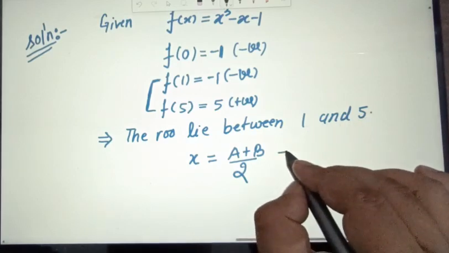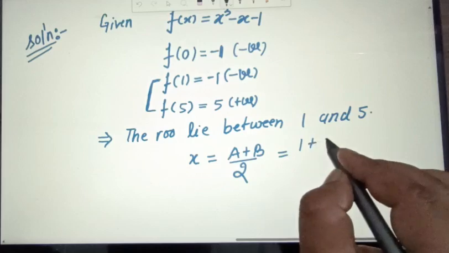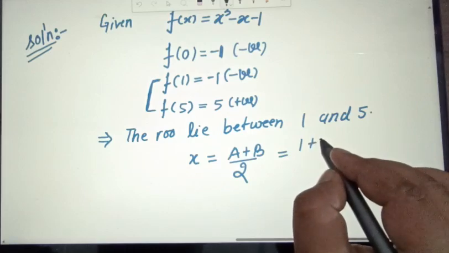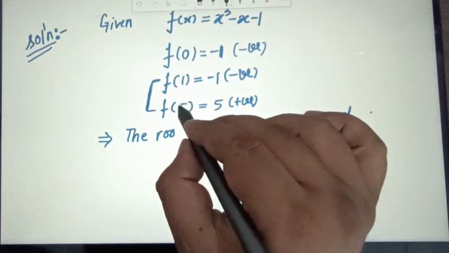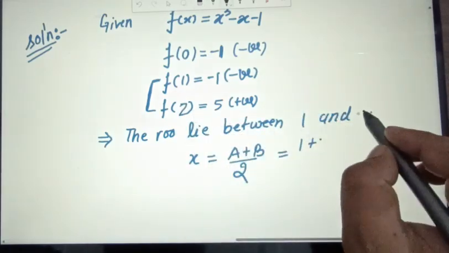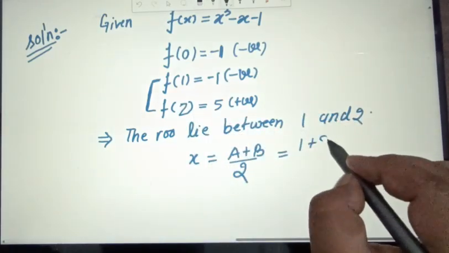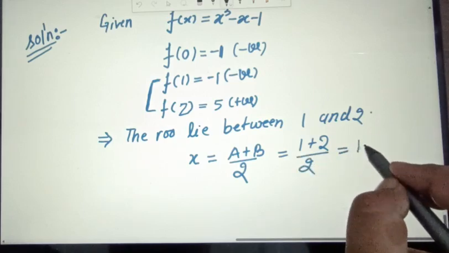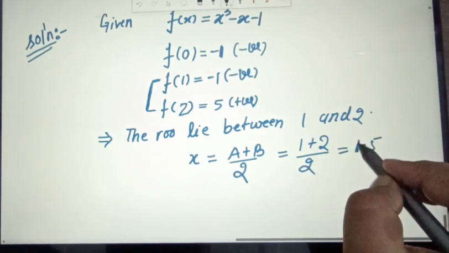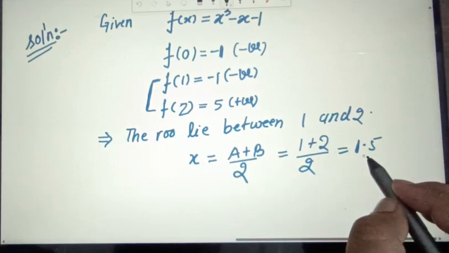The value of a is 1, and the value of b is, sorry, not 5, I'm sorry for that, it is 2. So the root lies between 1 and 2. So it is 1 plus 2, divided by 2, which equals 1.5. So it is your first approximate root.